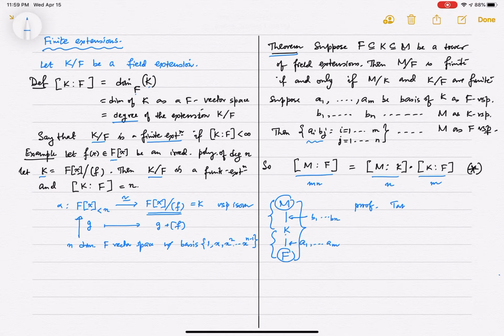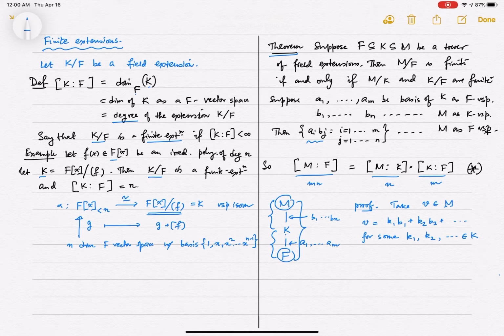So take some v in M. You can write v as a linear combination of the B's with coefficients coming from K. That's what it means to say that B1, B2, etc. is a basis of M as a K vector space. For some k1, k2, through kn. See, all these sums are finite, by the way. There are only n terms in this sum, but I'm just going to write dot dot dot.